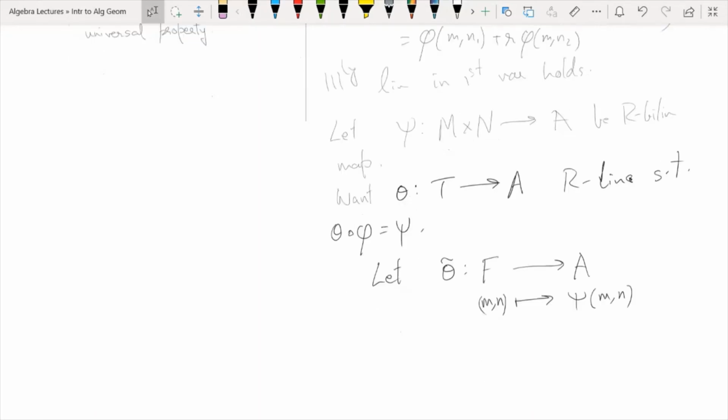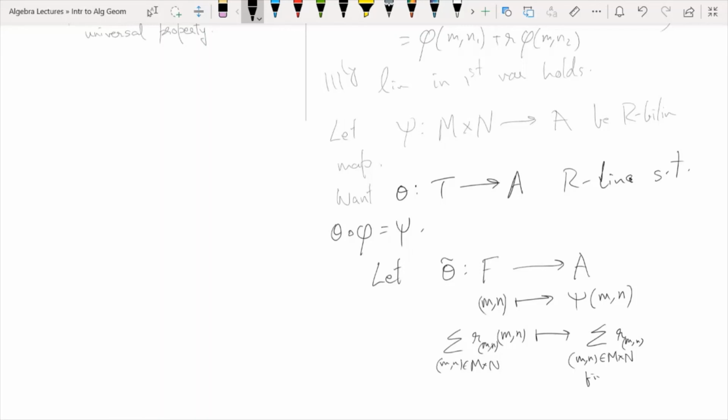And so more generally, an arbitrary element of F looks like the sum of r_(m,n) times (m, n). This indexing is by (m, n) in M × N, and you have to take finite sums, so finitely many (m, n) in M × N will go to the sum of r_(m,n) C(m, n).